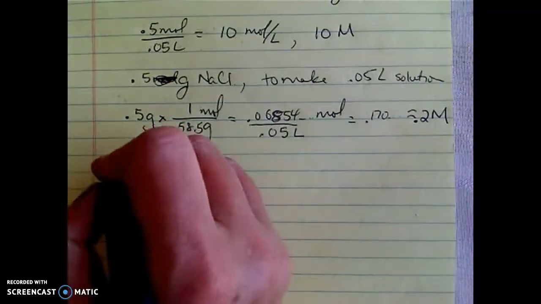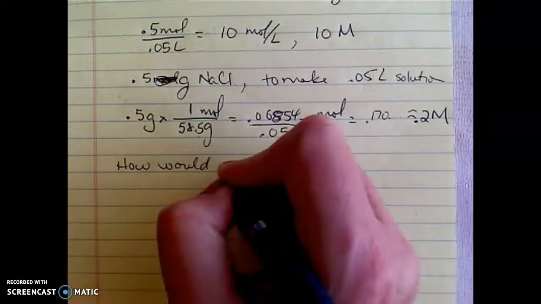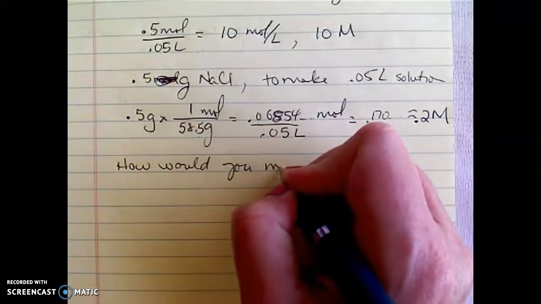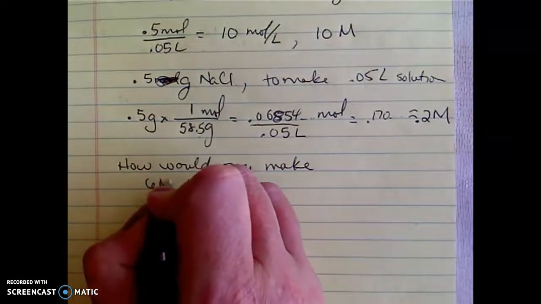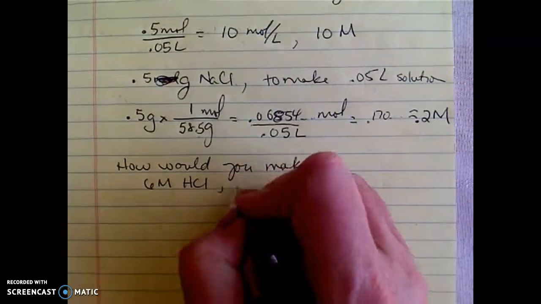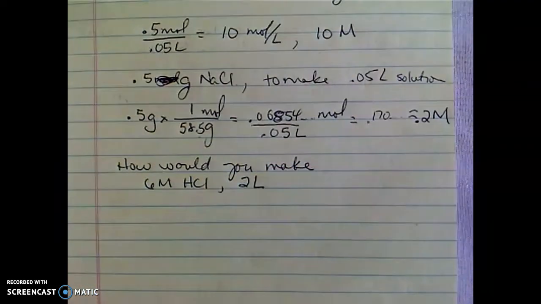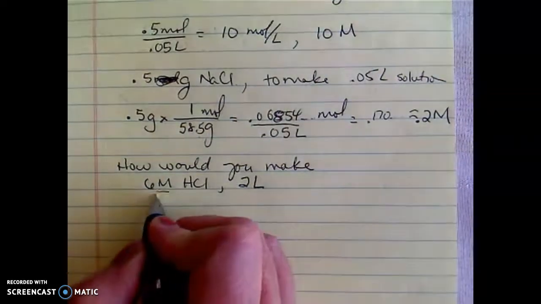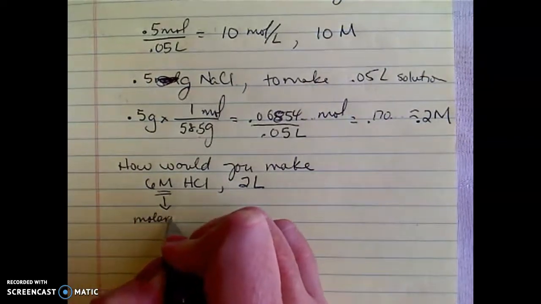So, how would you make a 6 molar concentration of HCl and you want to make 2 liters of solution? How would you make this? Well, as soon as I see this right here, I know that I'm going to have to use the molarity equation.